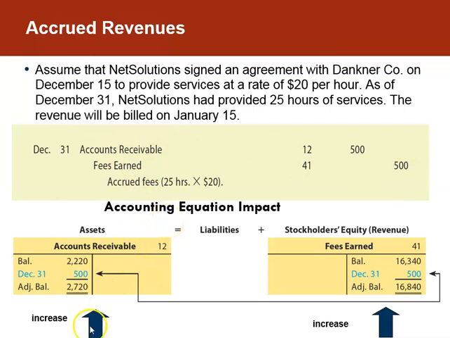So we see the accounting equation impact. Assets have gone up by $500, and stockholders' equity has also gone up by way of revenue by that same $500 because these are services, okay? And any expenses that we have, those are just going to be on the income statement under operating expenses. We don't have to worry about those right now. All right.